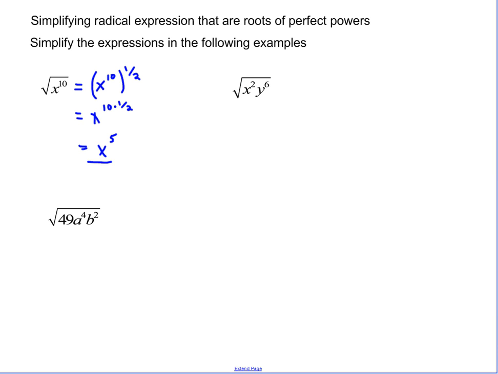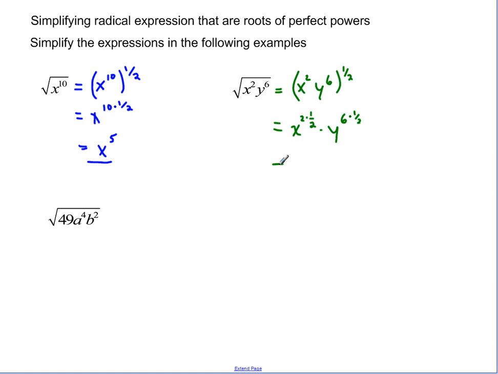Let me give you another example right here. Let's take on this one where we have the square root of x squared y to the 6th. Probably easiest, in a way, to handle it as x squared and y to the 6th raised to the 1/2 power. Now when we distribute that 1/2 power, check this out. x to the 2 times 1/2 times y to the 6 times 1/2.